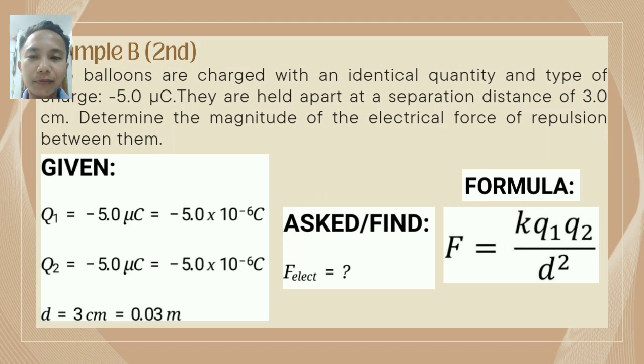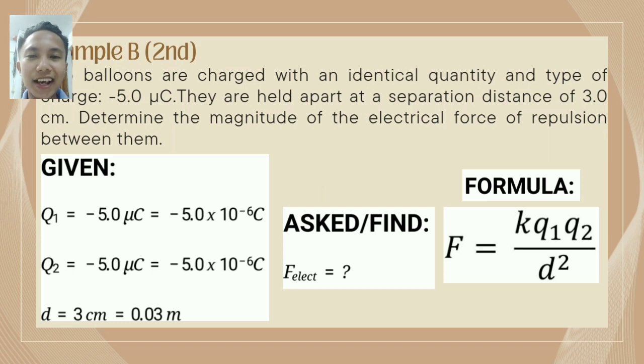Under the given in GAPSA, our initial and final quantity of charge both have the value of negative 5.0 microcoulombs, which converted into coulombs is negative 5 times 10 to the power of negative 6 coulombs. Now, let's proceed to the separation distance. Our separation distance is 3.0 centimeters, which converted into meters is equal to 0.03 meters.